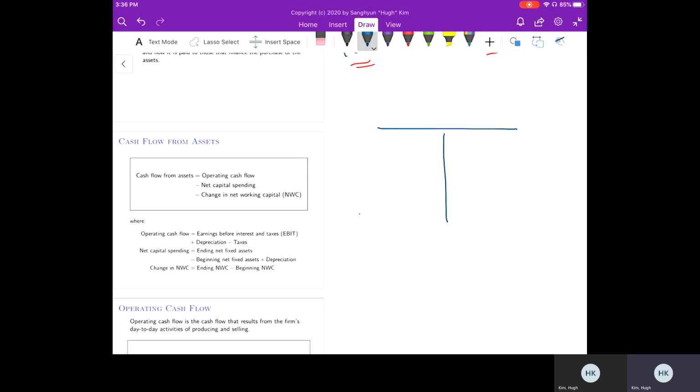So let's consider a firm. The firm has assets, and using the assets, the firm generates dollars through its business operations.